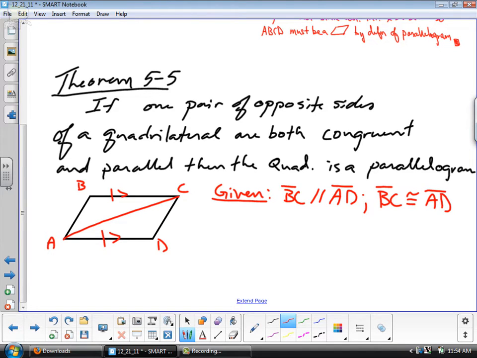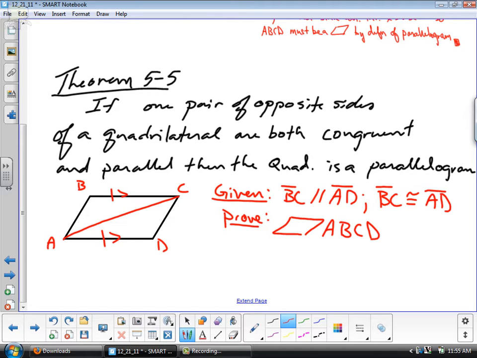What we want to prove is that we have parallelogram ABCD. And we can get there by proving that AB is congruent to CD, which means both pairs of opposite sides are congruent. What I'm looking for is congruent triangles.